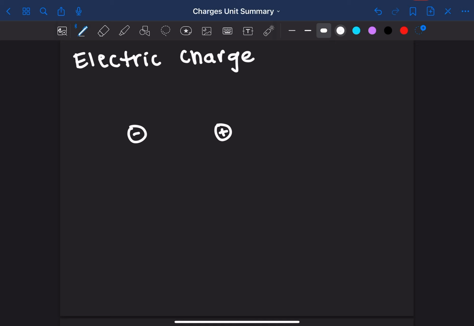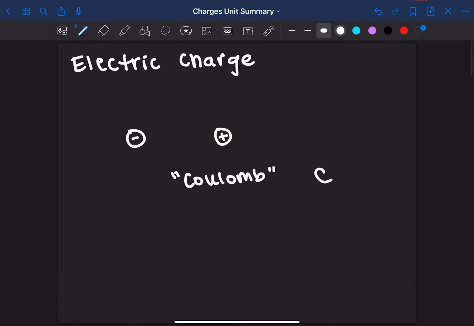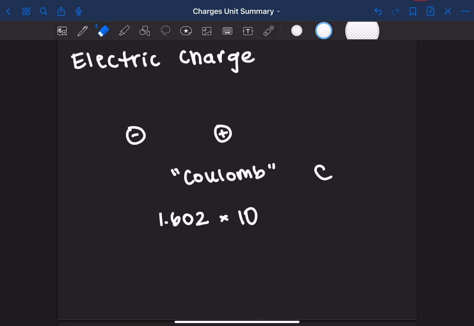And the SI unit of charge is known as the coulomb, or also written just as C, which the lowest possible unit of that, the lowest SI unit of that, whether it is positive or negative, is 1.602 times 10 to the negative 19 coulombs. And that's the unit for electric charges.